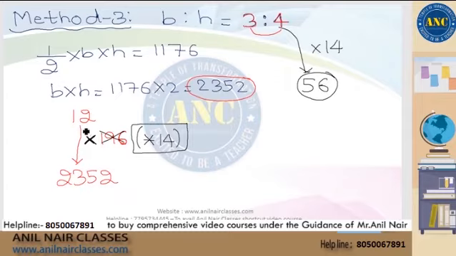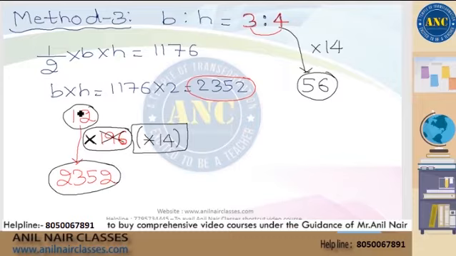In simple language, 12 is becoming 2352. Normally, how do you find the multiplying factor? Find the same multiplying factor. 2352 divided by 12 is 196. Use the same approach you used earlier to find multiplying factors.